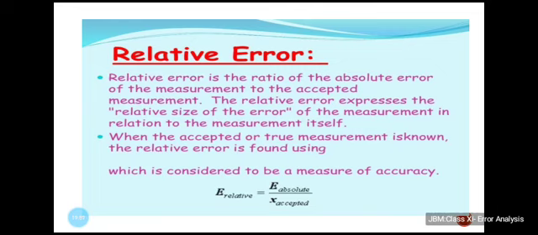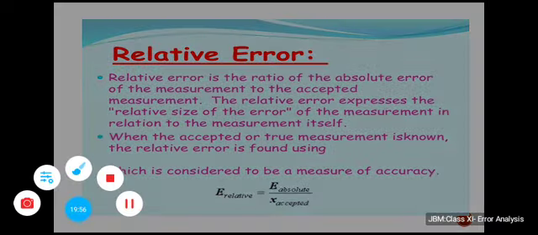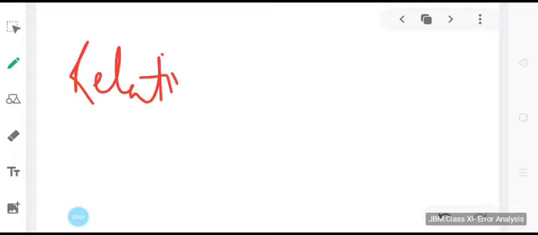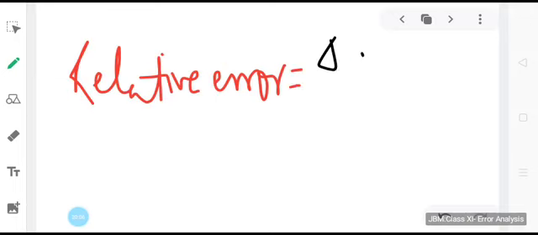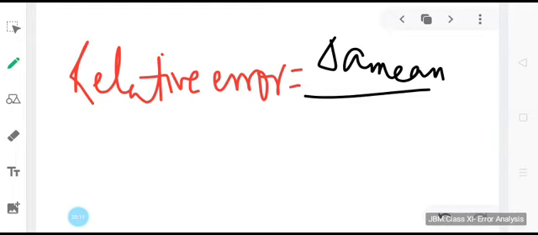So we may write down relative error as delta A mean divided by A mean. When the relative error is expressed in percent, it is called the percentage error.